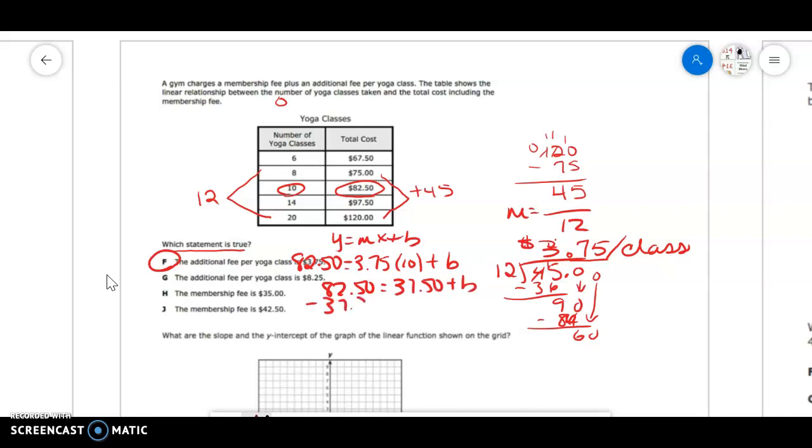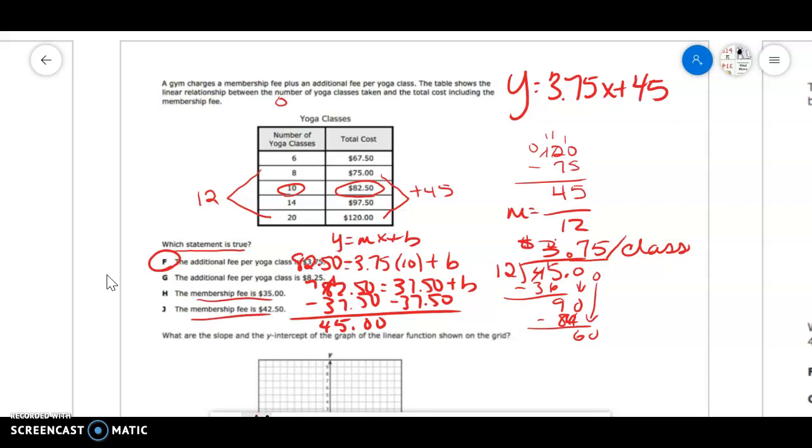I can take away the 37.50 from both sides. So $45. So the equation for this would actually be 3.75x plus 45, and none of these had a membership fee. That would be your B value, right, of 45.